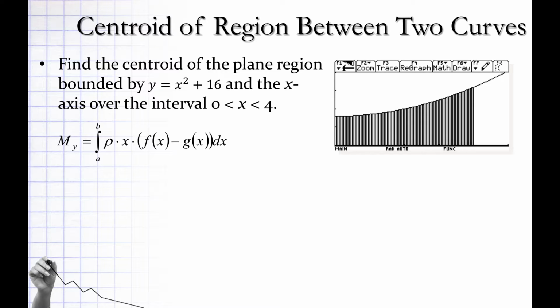Moment about x, density, 0 to 4. Each of our rectangles has a distance back to the x-axis of x squared plus 16 plus 0 over 2. And then for our area, we need f of x minus g of x, top minus bottom.